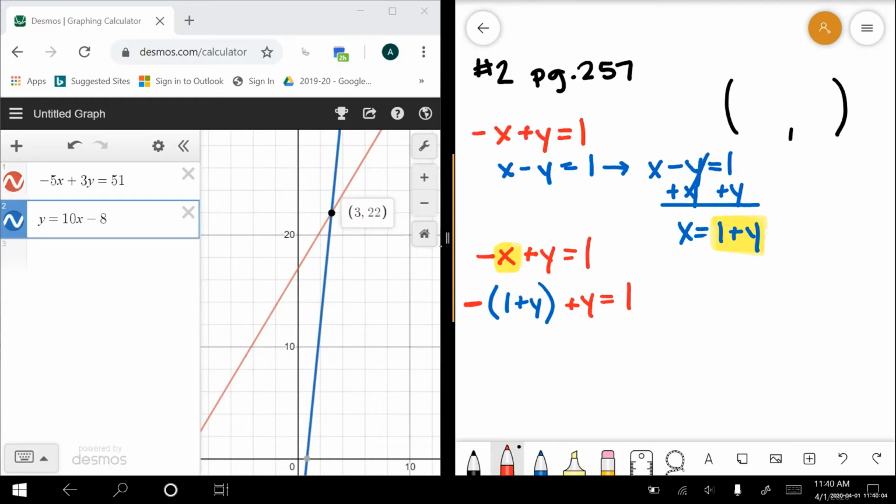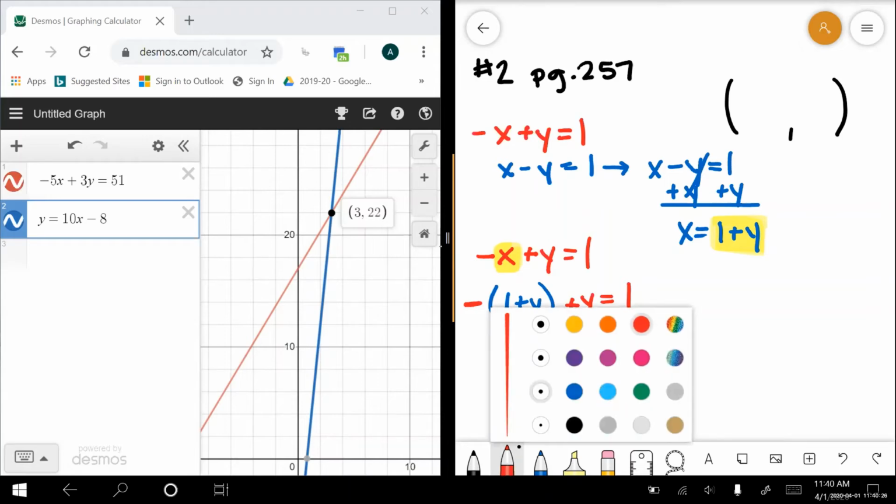And I know I'm doing a good job because I've only got y variables in here. Okay, that should be another helpful tool for you. If you have more than one variable, then it is possible that we substituted the equation into the wrong variable to begin with. So make sure you only have one variable. We only know how to solve for one variable at a time.